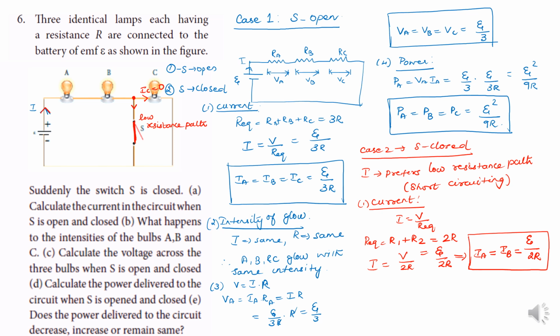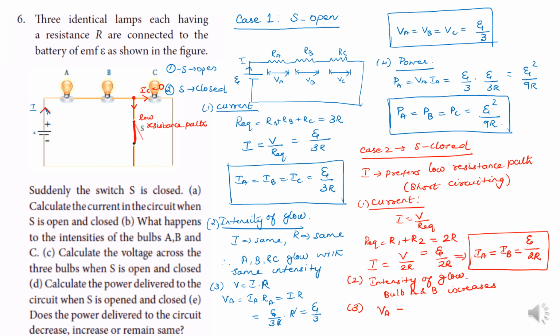Second, intensity of glow. Since more current flows through A and B, the intensity of glow of bulbs A and B increases from the previous value. Third one, voltage drop.